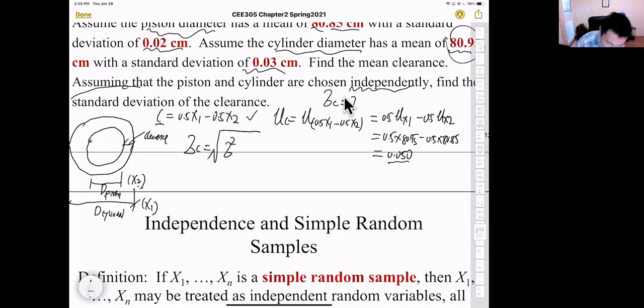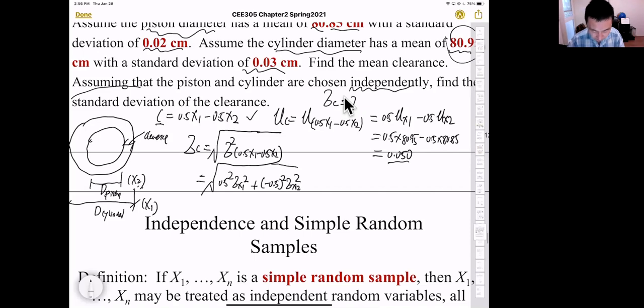So that is the square root of the variance, because c is equal to 0.5 x1 minus 0.5 x2, which is equal to 0.5 squared sigma x1 squared plus minus 0.5 squared sigma x2 squared.